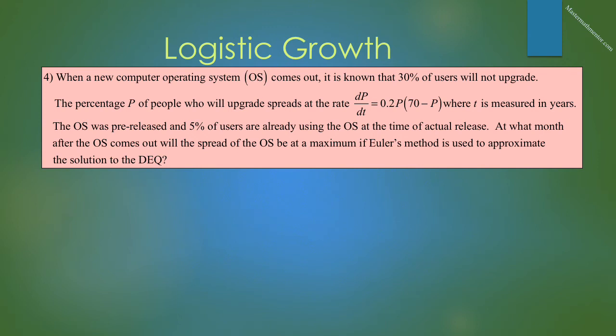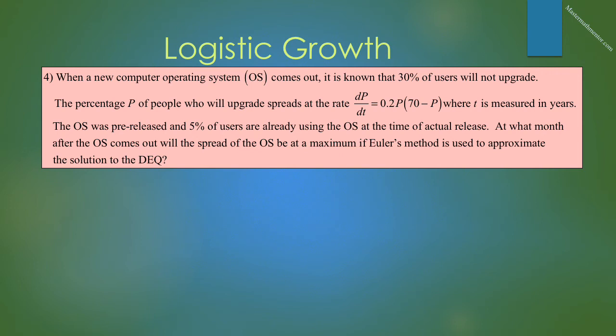The operating system was pre-released, and 5% of users are already using the operating system at the time of actual release. We'd like to know at what month after the operating system comes out will the spread of the operating system be at a maximum if Euler's method is used to approximate the solution to the DEQ.